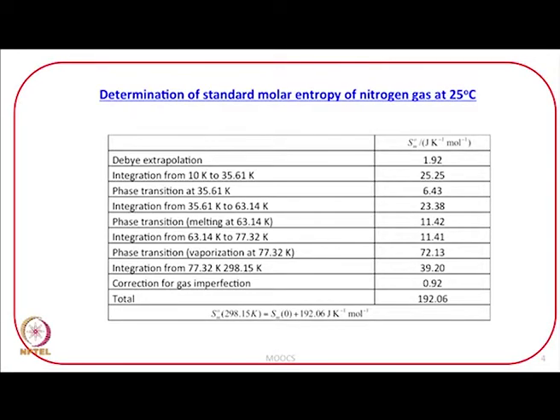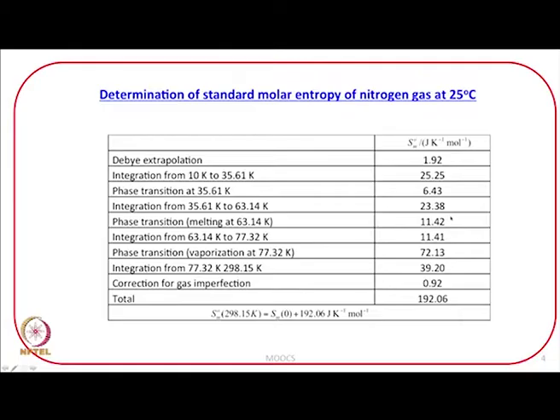Integration from 10 Kelvin to 35.61 Kelvin for nitrogen, this is 25.25 joules per Kelvin per mole. Then in nitrogen there is a phase transition at 35.61 Kelvin. The contribution of that is 6.43. Then further integration in the solid form 35.61 to 63.14, that contribution is 23.38 joules per Kelvin per mole.